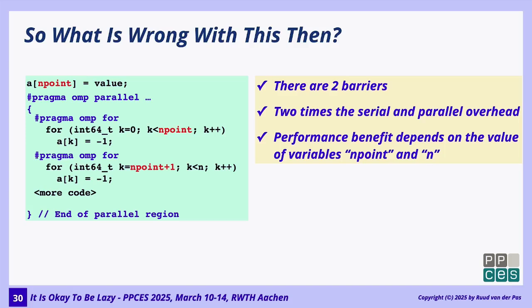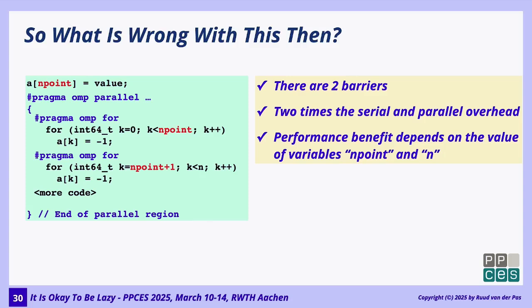If endpoint is large relative to n, this one will be your bottleneck, because that loop is maybe too short given how many threads you use. So there's a dependence on endpoint. And in this code, endpoint was sort of sliding. You would have multiple values of endpoint. You would always have cases where one loop was going to slow you down instead of giving you a benefit.